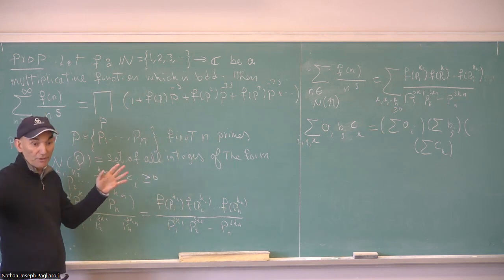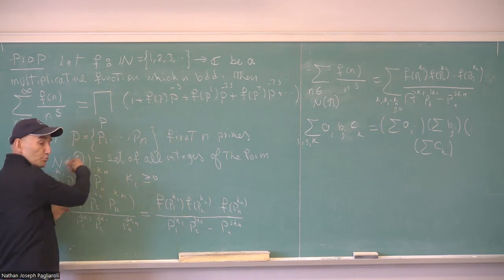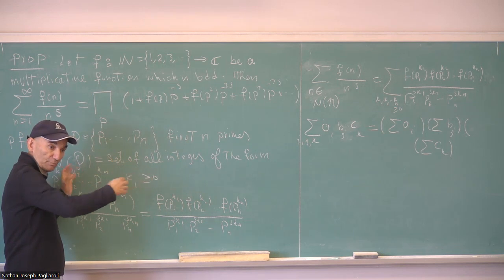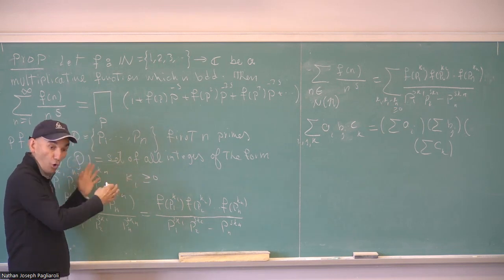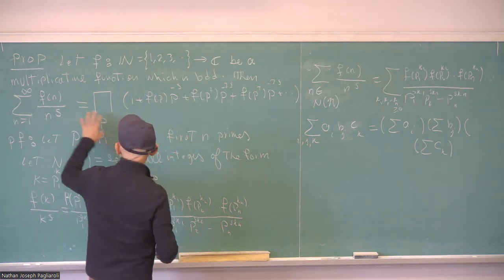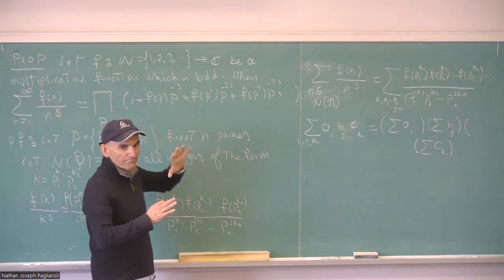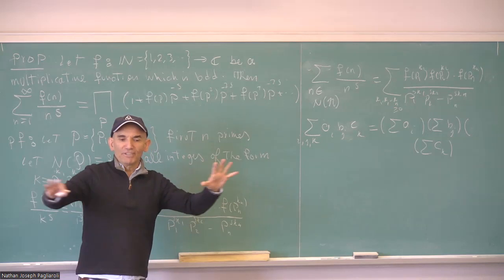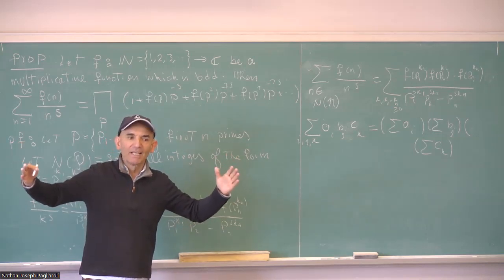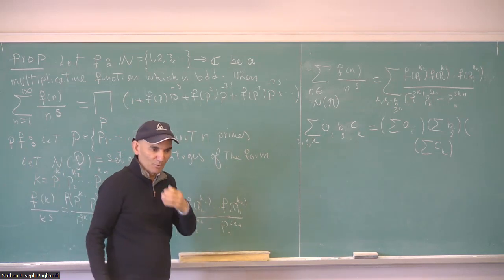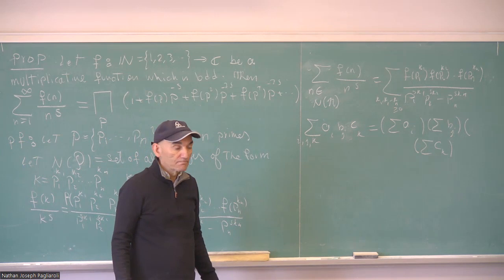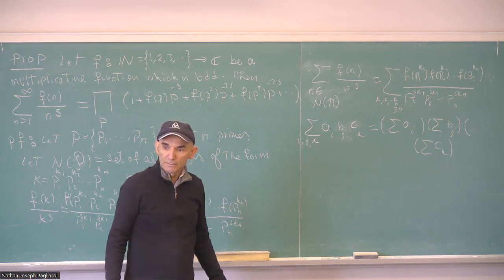But they are infinite, right? Because you can raise these powers to higher and higher powers. There are still infinitely many integers that belong to this set. Not all, but infinitely many. So we are rewriting this as infinite sums of infinite things, but just the first n primes are used. Is that clear? Any other questions?